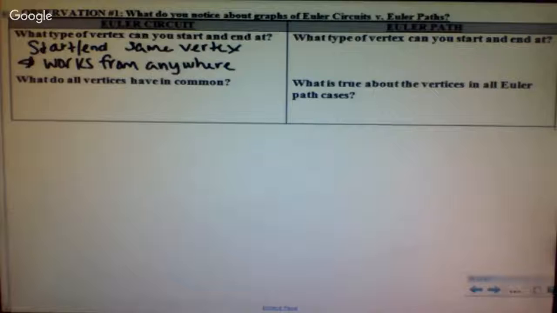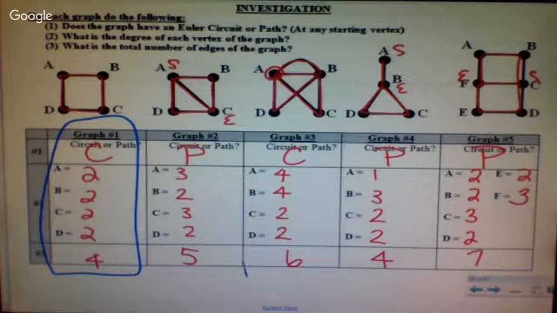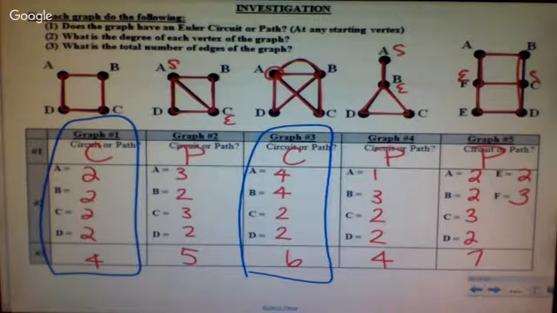I'm going to come back to this page, but I want to look at this second question. What do all vertices have in common? So if we go back here, my circuits were this one and this one. What do you notice about the vertices? They're all even numbers. Okay, every time.